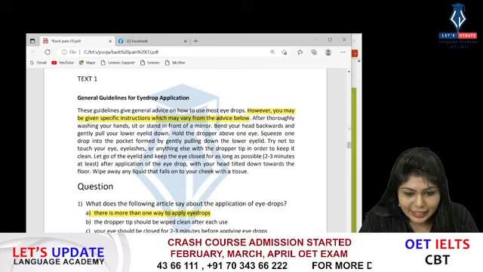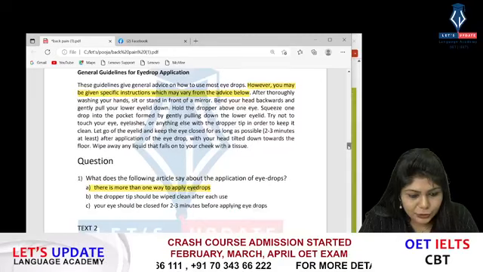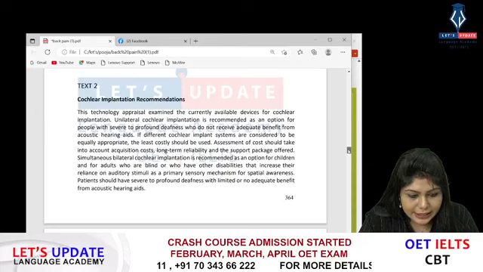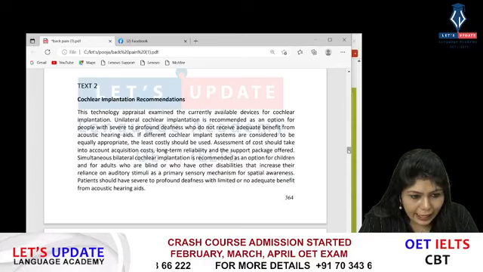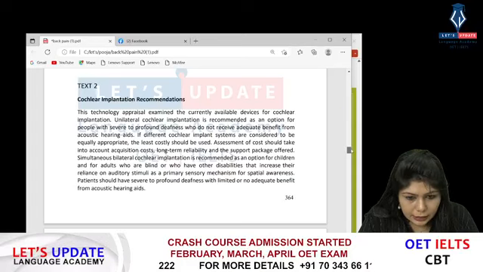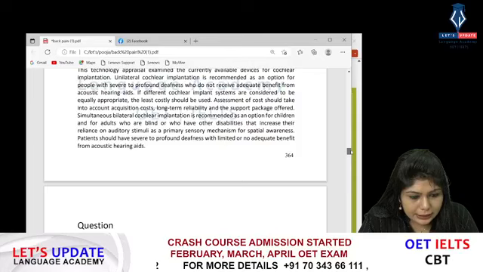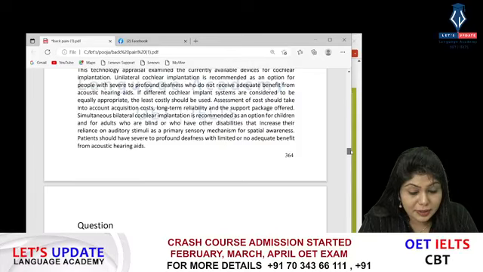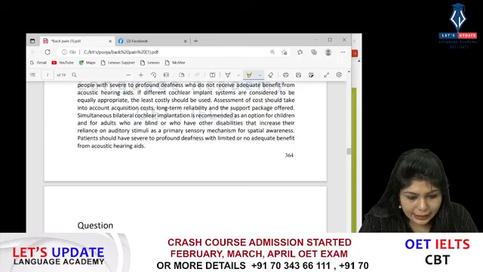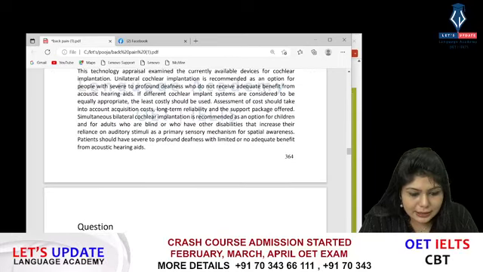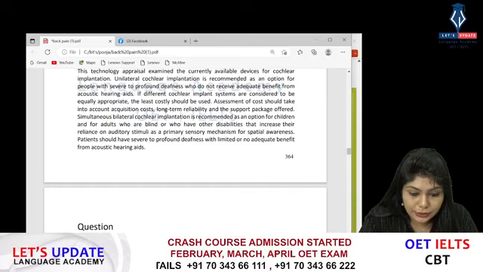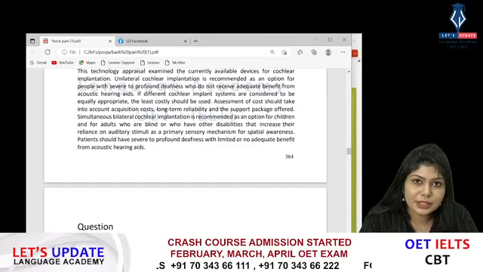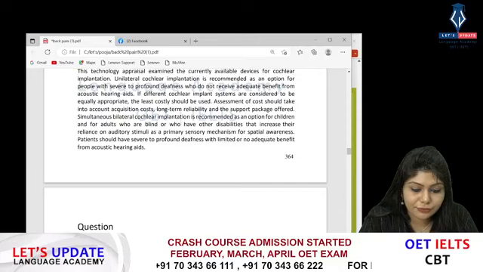Okay, so now moving to extract 2. The heading of extract 2 is cochlear implantation recommendation, and the question is, which of the following statements is not mentioned? I'll highlight that because this is a question in which they are asking you for something that is not mentioned. That means two options are mentioned in the text, and you have to find the option which is not mentioned.